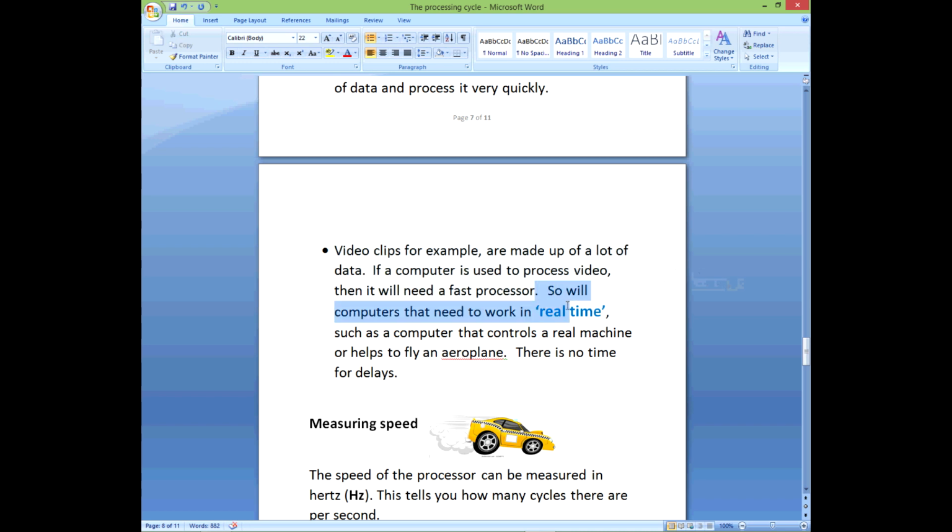So computers that need to work in real time, such as a computer that controls a real machine or helps to fly an airplane, there is no time for delays. Real time means that it responds quickly. That's all real time means. It doesn't hesitate. Within a half a second, nanosecond, it processes and produces the result.